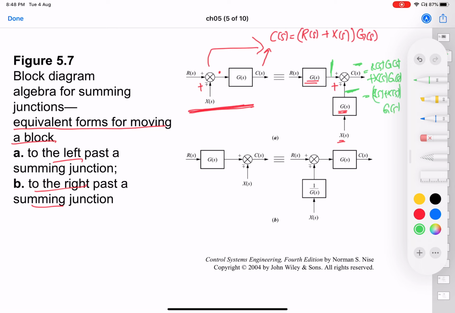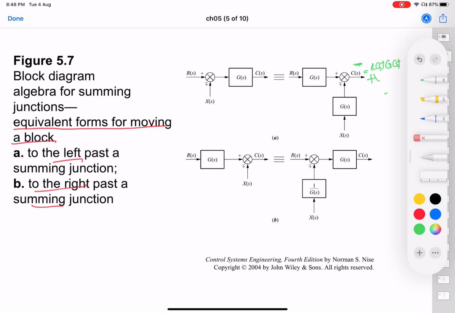Which is the same as what you got earlier. So in case you have to move the summing block to the right of the junction, you have to move it like this. And by the equivalent treatment, you can also see that if you want to move the summing block to the left of the junction, then you have to actually do like this.